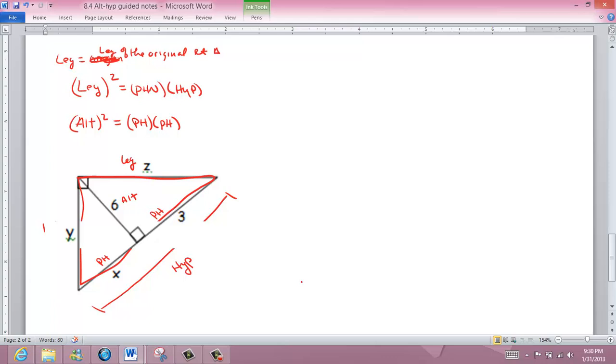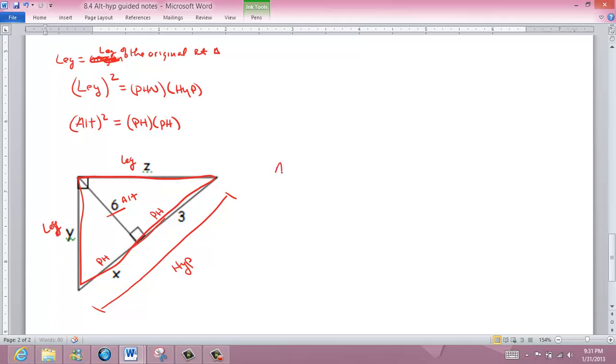Now, let's start with x. X is a piece of the hypotenuse. I know the altitude, I know this piece of the hypotenuse, but I'm looking for the other piece of the hypotenuse, x.